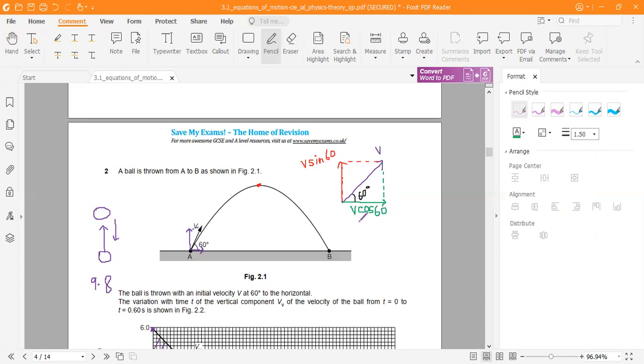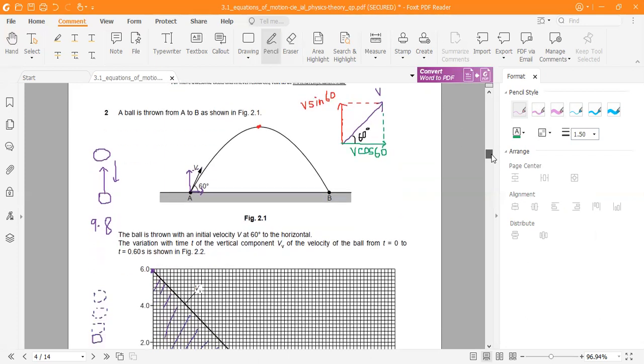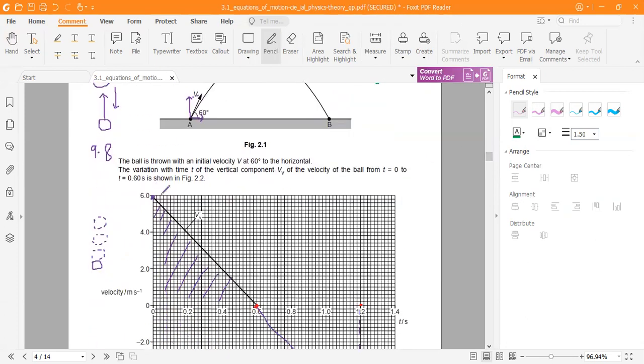Now the thing is, what do we know? If you look at the graph, we can see from this point over here the initial velocity. If you see, it is almost 5, 5.2, 5.4, 5.6, 5.8, 5.9.